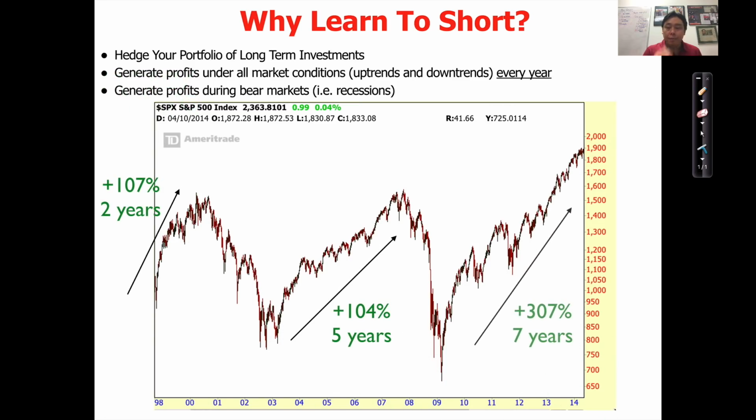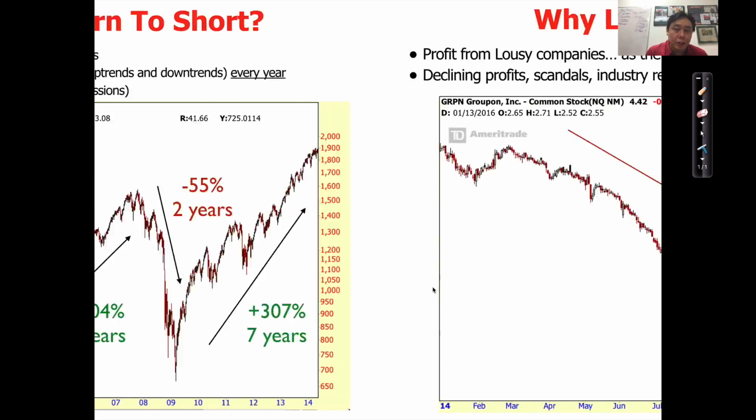So you can see that in the last 20 years, bull markets have returned 107%, 104%, and 307% over here. But in bear markets, if you don't know how to short, you're down 51%, you're down 55%. But if you could short the markets, it means that this 51% decline would be a 51% profit. A 55% decline would be a 55% profit to you. All right, it can generate profits during recessions as well.